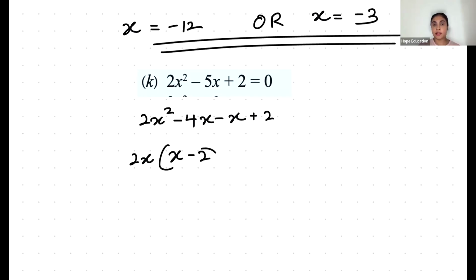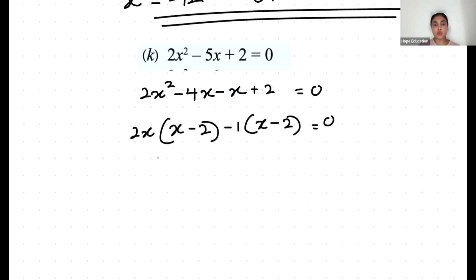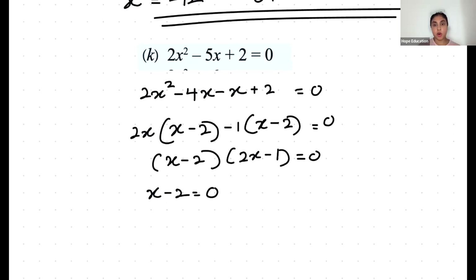Here the common thing is 1, so I'll take 1 out and I have x minus 2. So 0 equals 0. That means x minus 2, 2x minus 1 equals 0. That means x minus 2 equals 0 or 2x minus 1 equals 0.